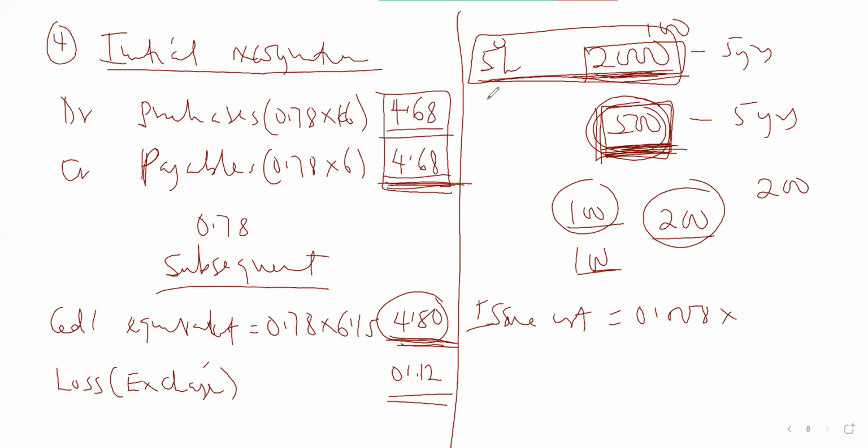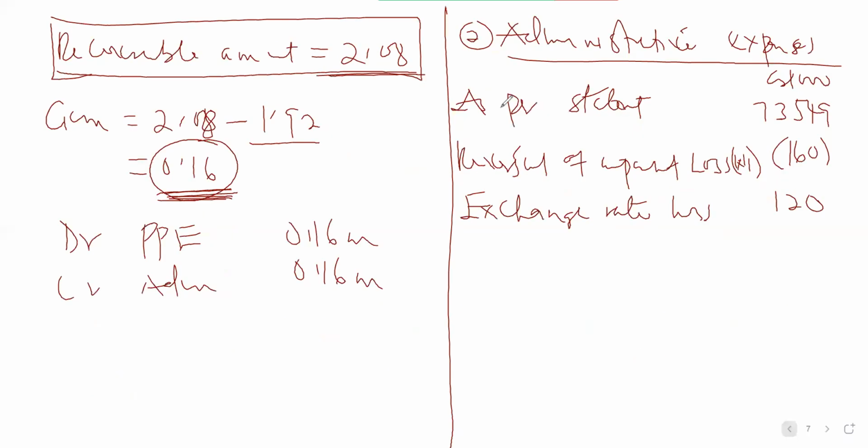What is the value? 13,000. 13 million. Okay. So what will be the value? 104. So the 104 will be subtracted from administrative expenses, because it was subtracted. So 104. I hope you're okay with that.